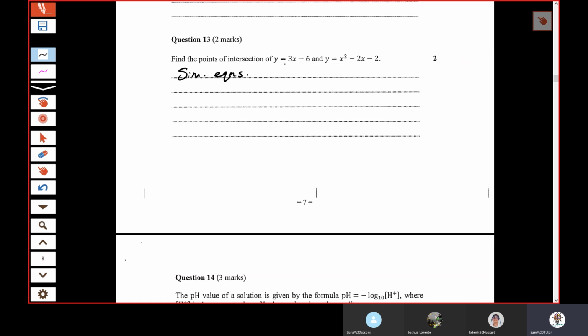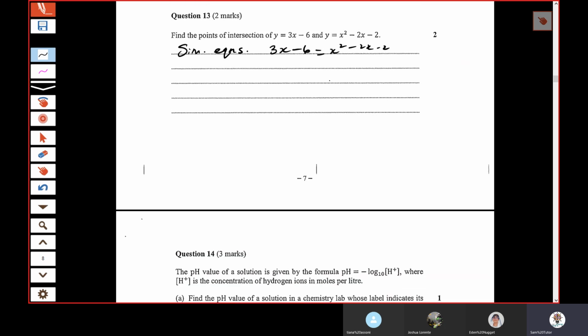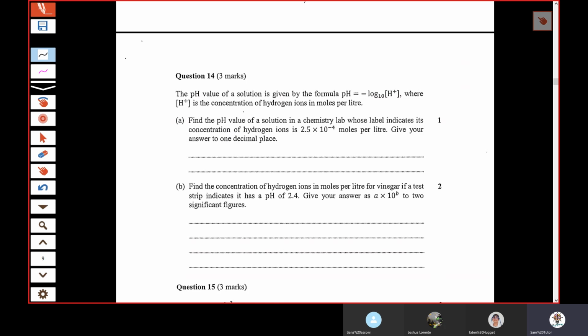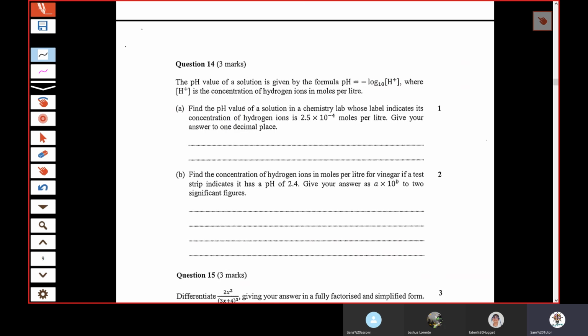I'm just going to tell you the first line, which is 3x minus 6 equals x squared minus 2x minus 2, because the y values are the same. So just do that. Bring everything to one side, start solving. So basic equation skills. And then if we've got time, I'll come back and finish it off.